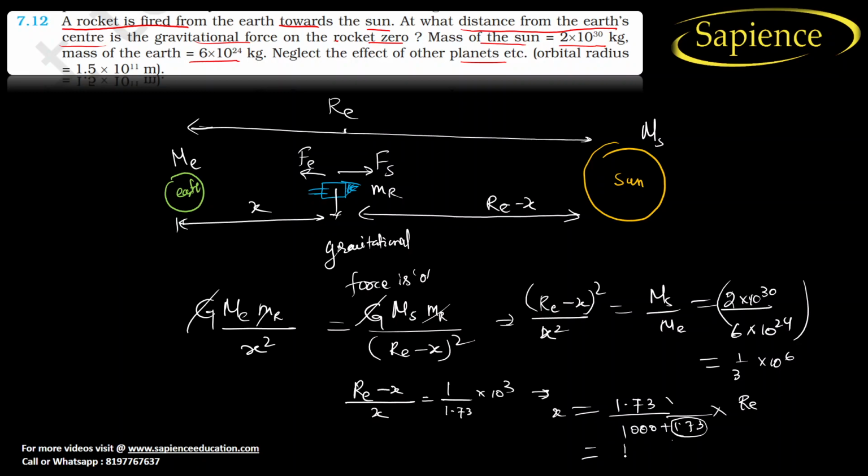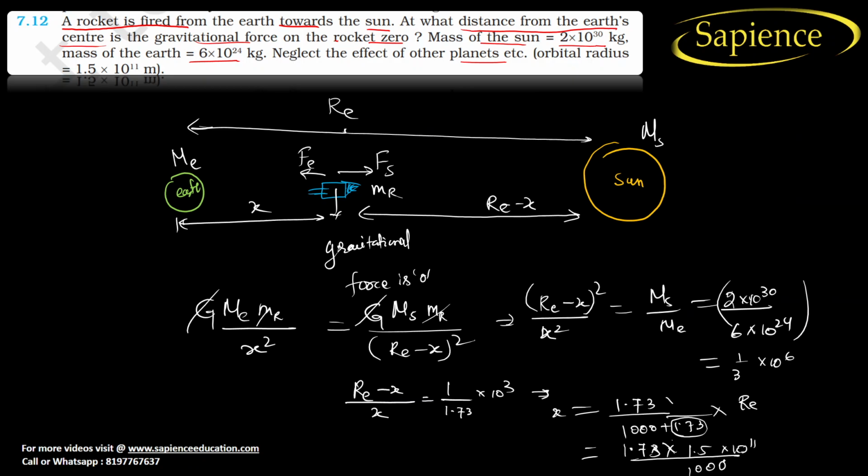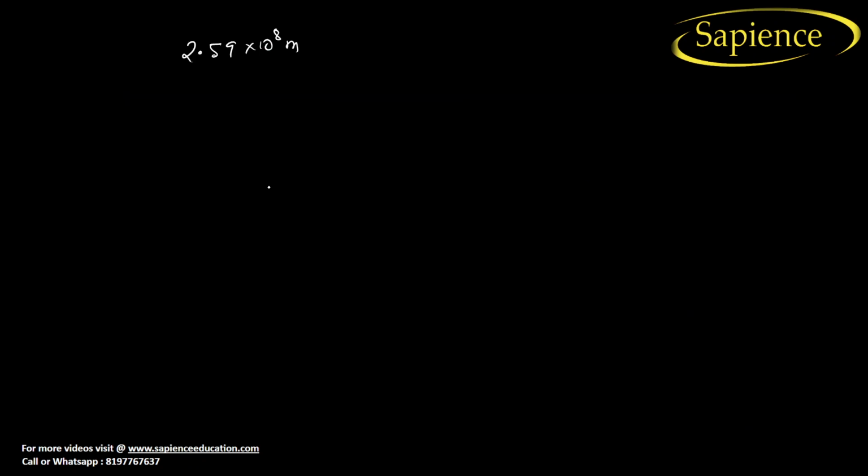So the orbital radius of the Earth from the Sun is how much? This will be 1.5 into 10 power 11 meter, divided by 1000. So finally our answer will be 2.59 into 10 power 8 meter. Because it is 1000, the 1000 will get cancelled out.